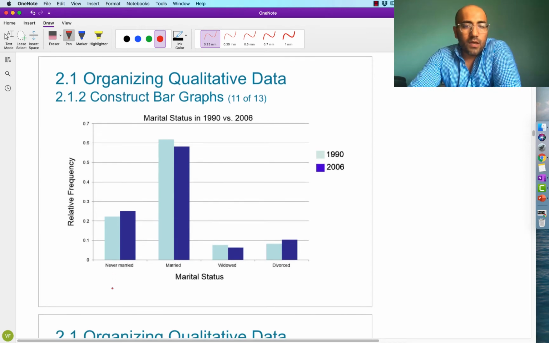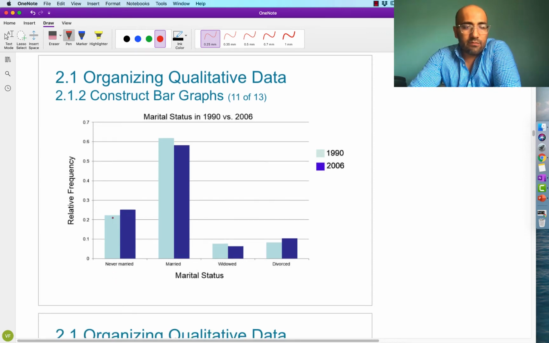Good. And we can see that never married grew a little, married decreased a little, widowed decreased a little, and divorced increased a little. Notice that this is relative frequency.